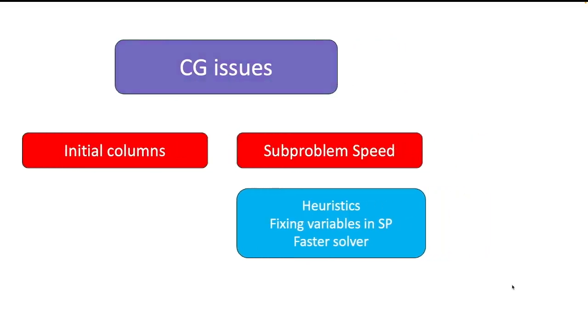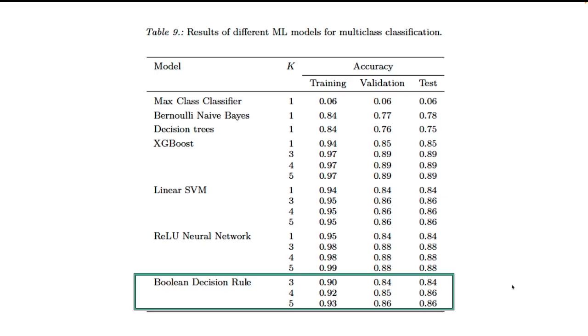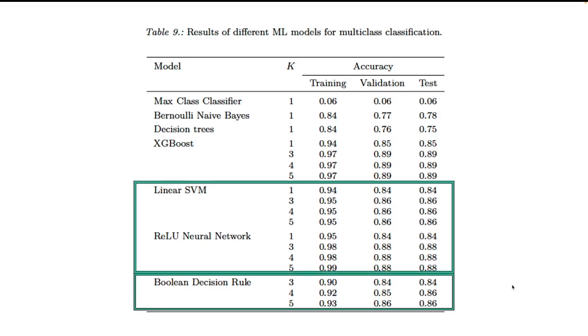Okay, now let's talk about the results, how we are doing. Compared to neural networks, support vector machines and other state-of-the-art classifiers, we are not as good. But if we look at the top 3 to 5 predictions, then we are in a comparable range with standard SVM type classifiers and 4-layer neural networks. The key advantage is that Boolean decision rules also give explanations with their classification.